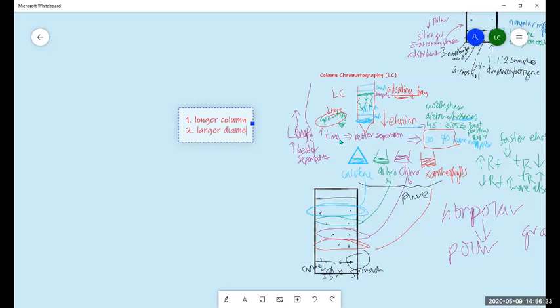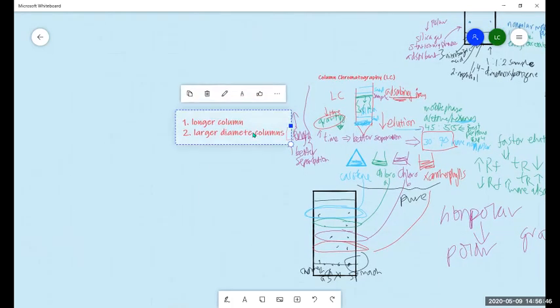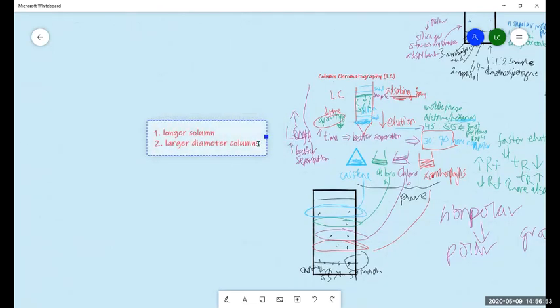Larger diameter columns, because your sample volume is concentrated into that band. That's a smaller fraction of your total volume, so you will have better separation.